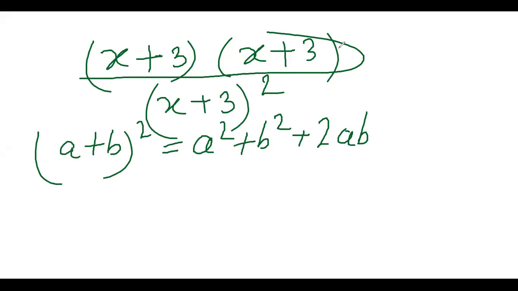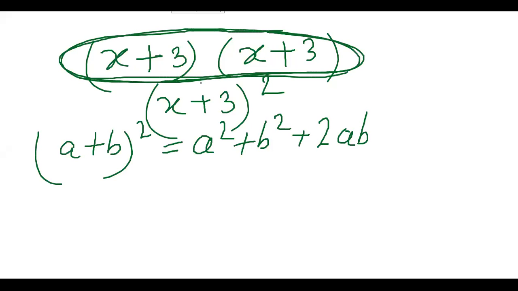Then we have to find out the product here. So you can see, अगर आपको identity use करना है, so directly you can use the identity. Otherwise you have to multiply x to (x plus 3) plus 3 to (x plus 3) using distributive property. But here we have identity also, that is (a plus b) whole square, that is a square plus b square plus 2ab. So at the place of a we'll put x, b के place पे 3.